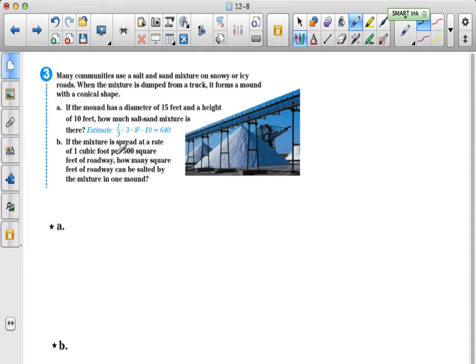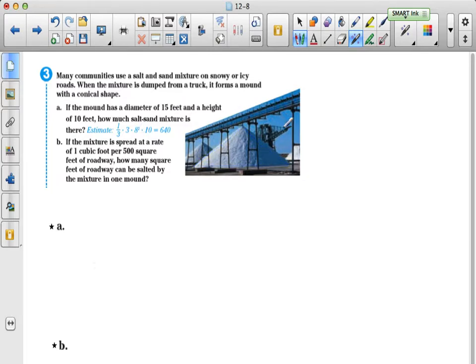Now in the next example, let's consider that many communities use a salt-sand mixture on snowy, icy roads. When the mixture is dumped from the truck, it forms a mound with a conical shape, such as this one. Look at this one. This is your conical shape, or it forms a cone. If the mound has a diameter of 15 feet and a height of 10 feet, how much salt-sand mixture is there?